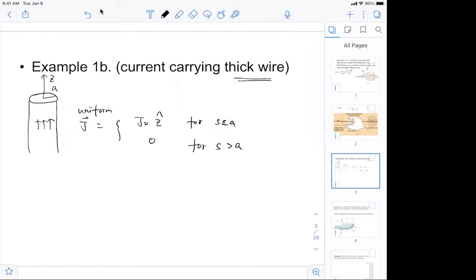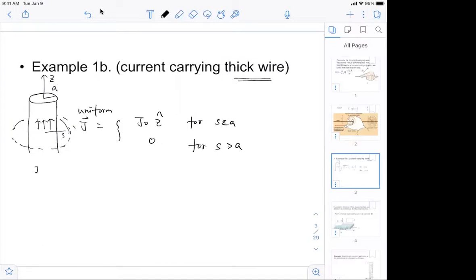So we'll draw our Ampere loop, just like what we argued before. Again, we think our magnetic field should be in the phi hat direction. So I'm going to draw a loop like this, centered around the origin with a radius s from the center.